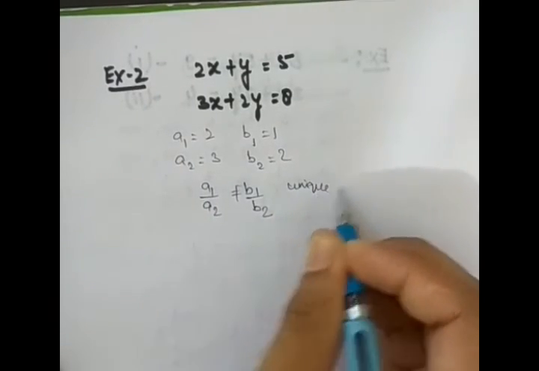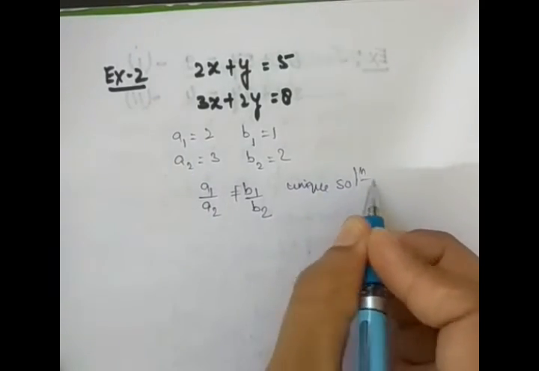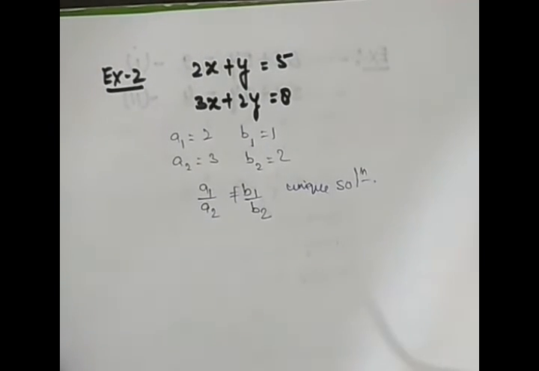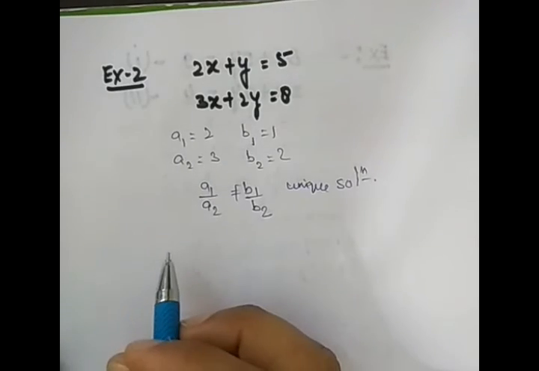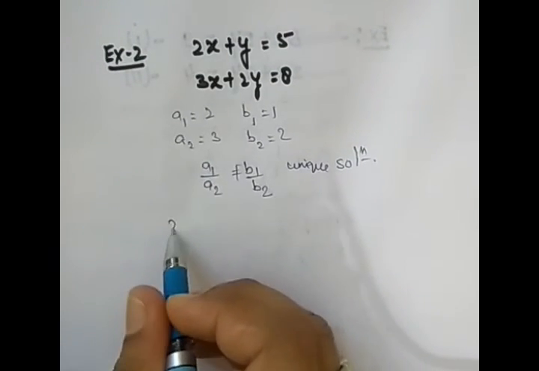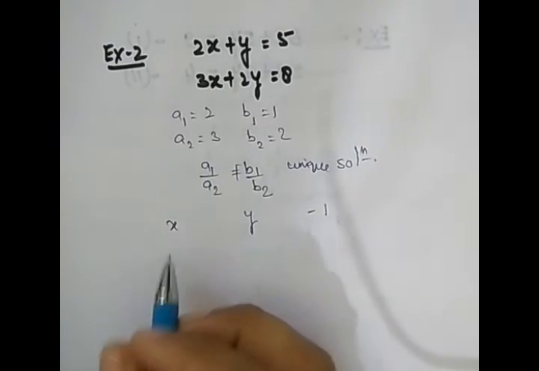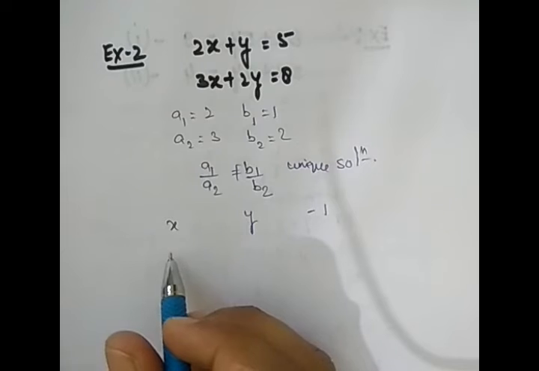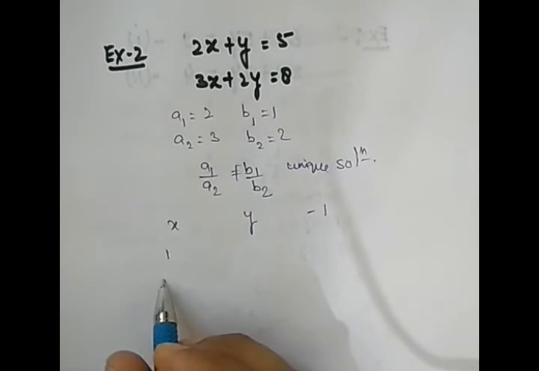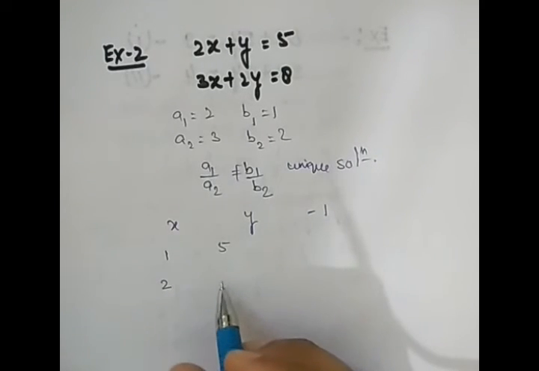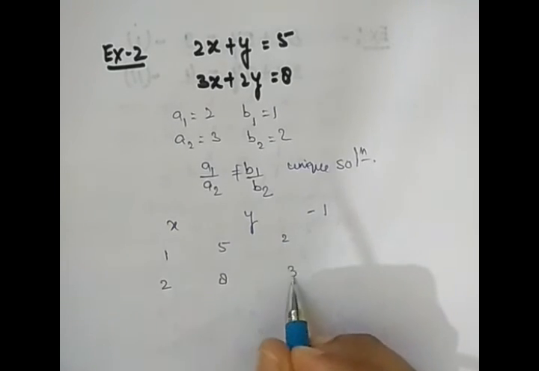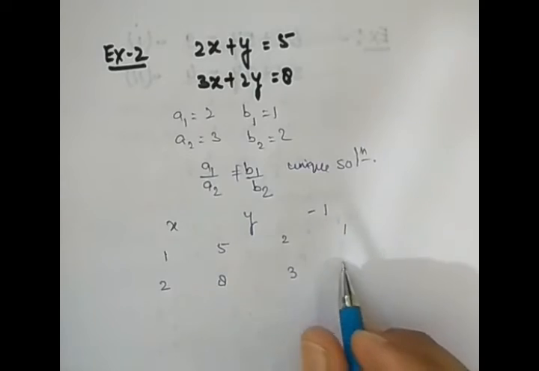It means a unique solution will be there. And if a unique solution is there, then we can find it with the cross multiplication method. So a similar method we are going to use. First we will write x here, then y here, then minus 1 here, then 1, 2, 5, then 8, then here 2, 3, 1 and 2.